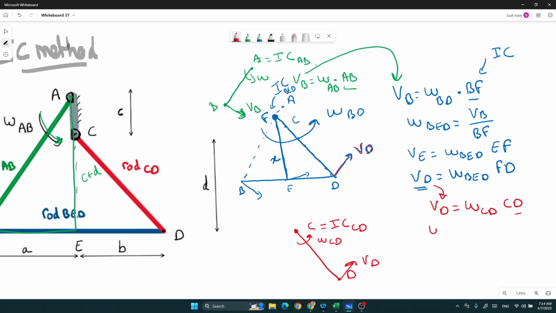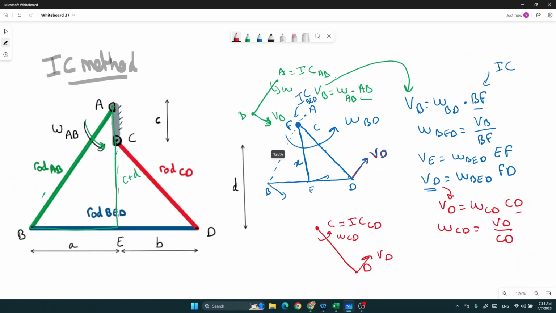You know the CD, so you can solve for omega CD equals VD divided by CD. So that's it for the IC method. It's just a question of where is the IC, so what is the distance from the IC to the point. I think it will be easier to solve everything with the IC on one side and everything on the vector method. So that's why I will make you two different videos for each of them.